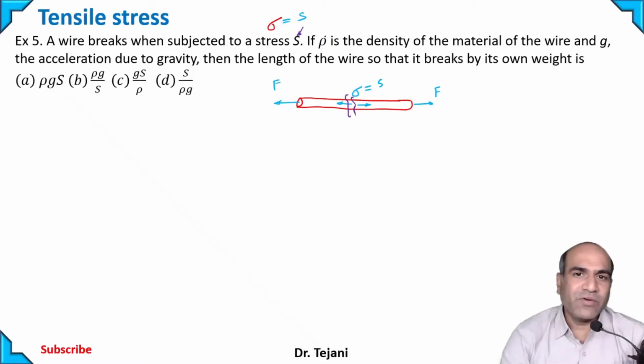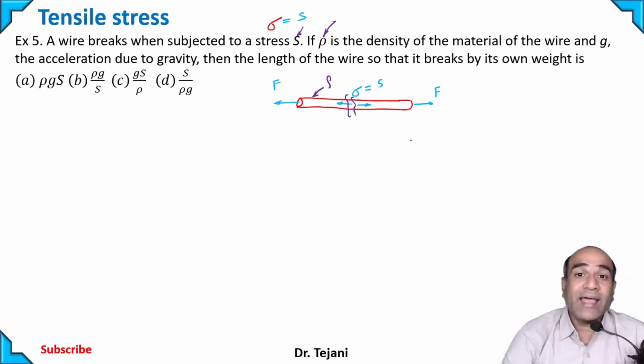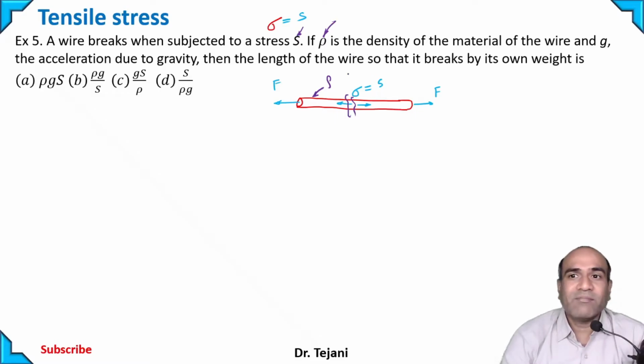Here, if rho, we know that rho is the density of the material of the wire, and g is the acceleration due to gravity, then the length of the wire so that it breaks by its own weight is.